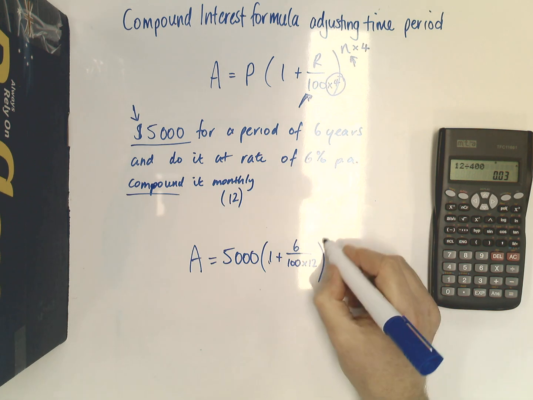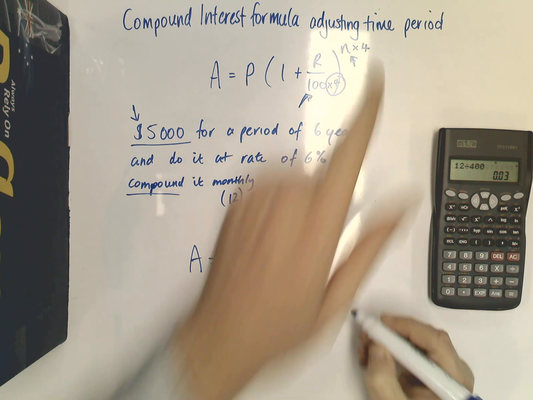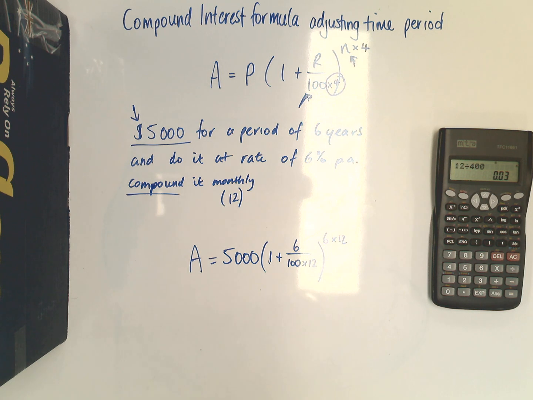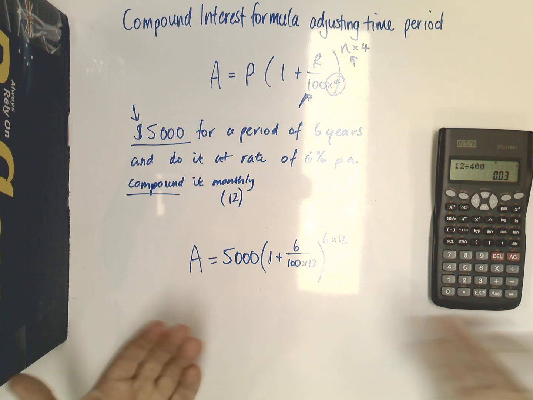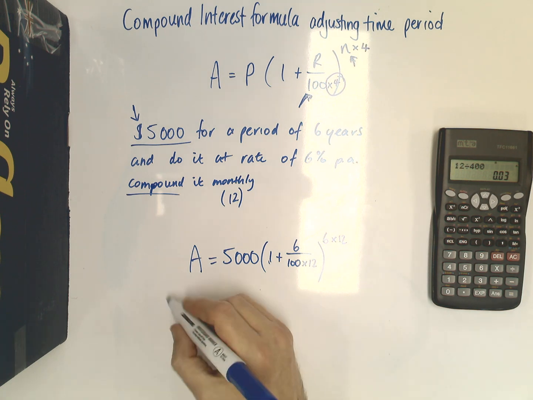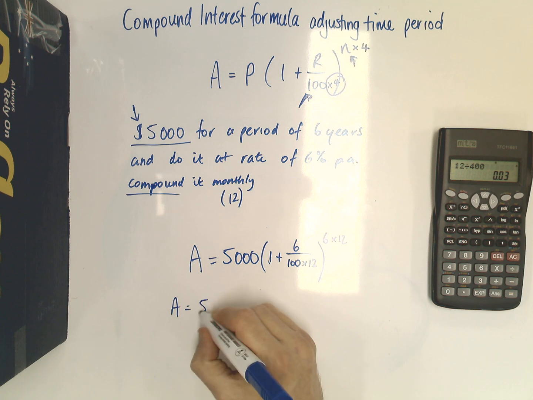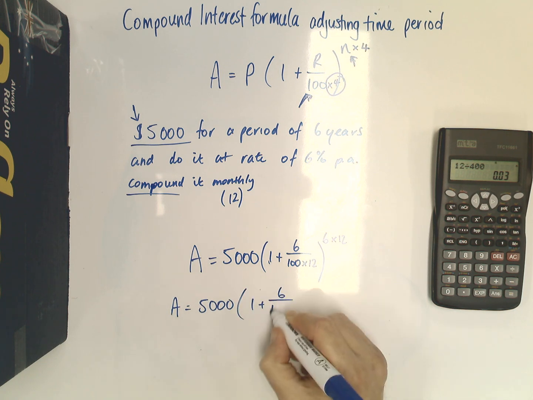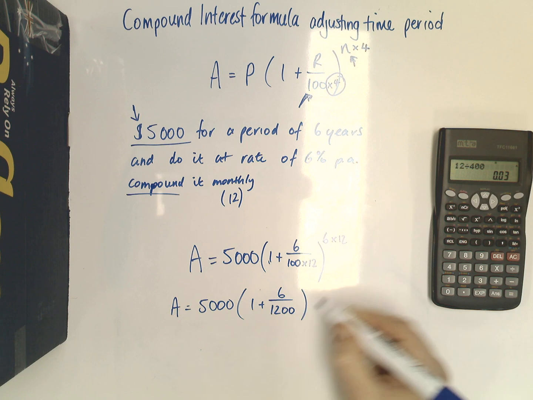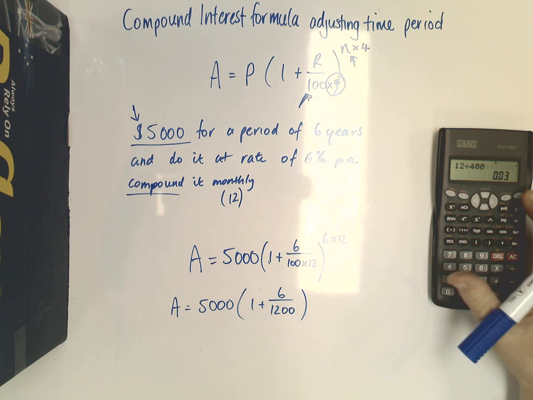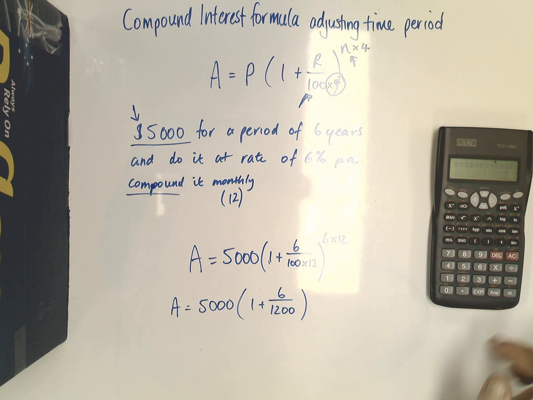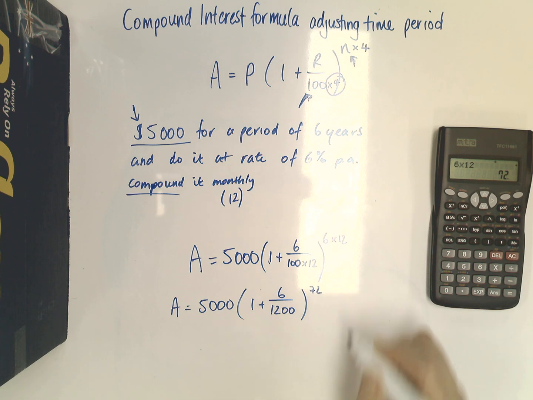And our years was 6, and don't forget to times that also by the 12 that's sitting within our question. And that really is the difference between adjusting the particular formula. So A becomes 5,000 times 1 plus 6 divided by 1,200, to the power of 6 12s are 72.